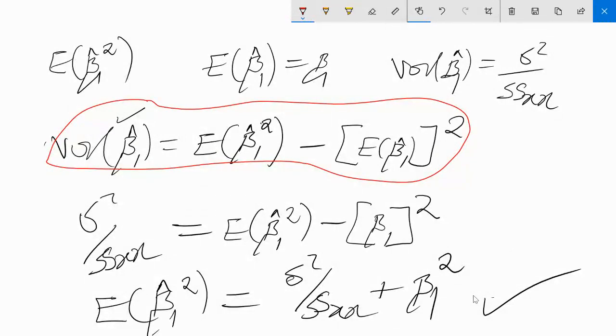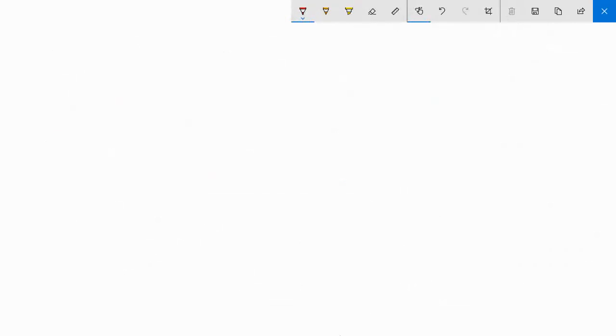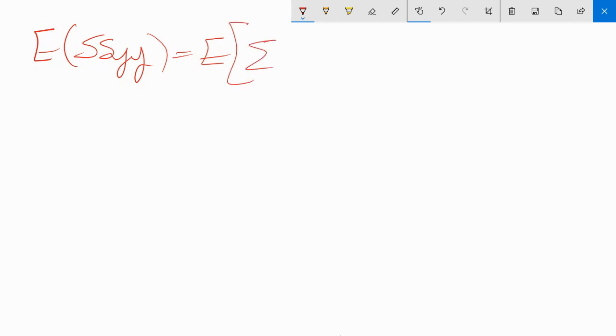Let's go back and look at the expected value of SSYY. So now I want the expected value of SSYY, and I'm going to write SSYY, which is the sum of yi squared minus n y bar squared, like this.